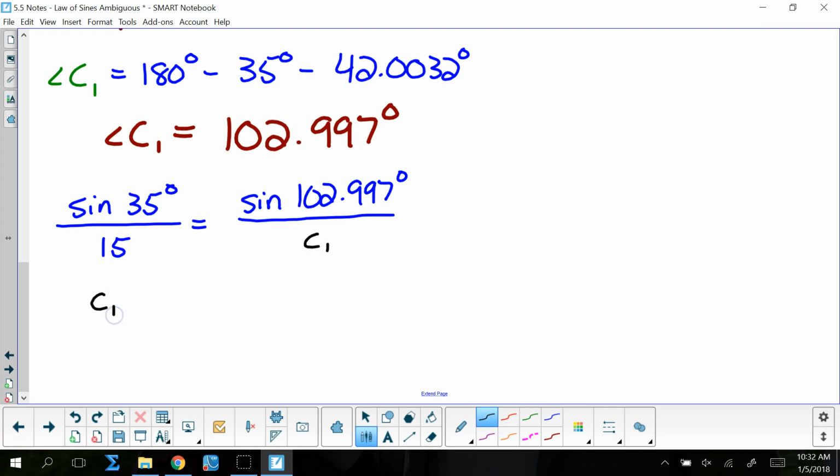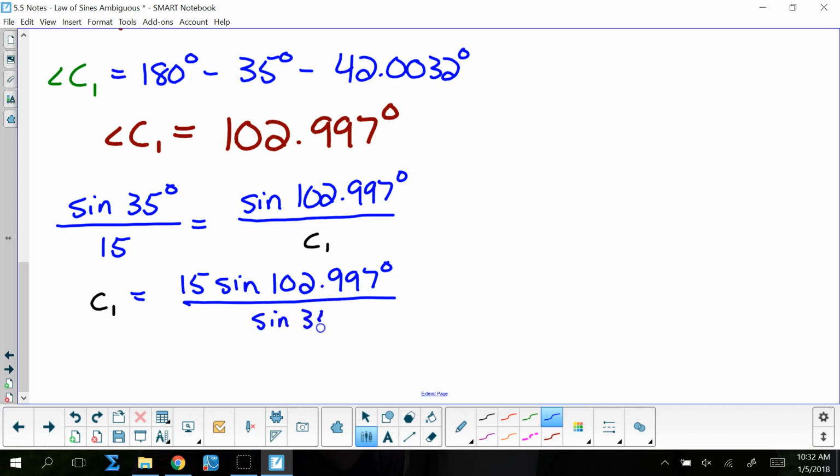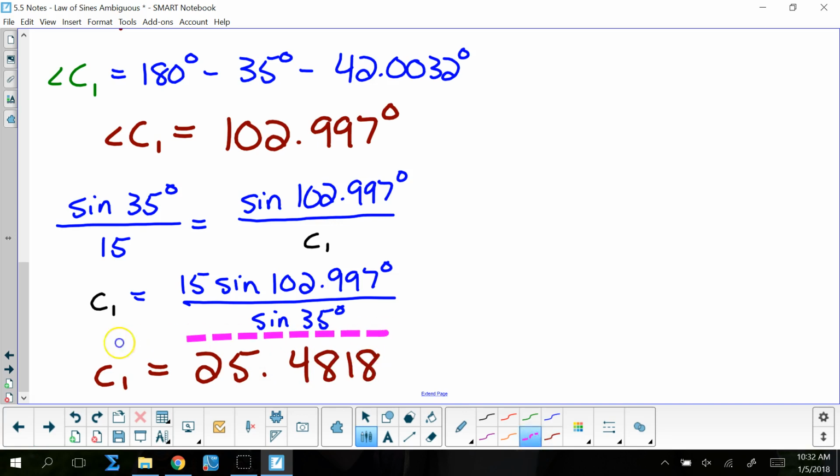So C sub 1 then is going to equal 15 times the sine of 102.997 degrees all over the sine of 35 degrees. So side C sub 1 then here is, I get 25.4818. Yes?